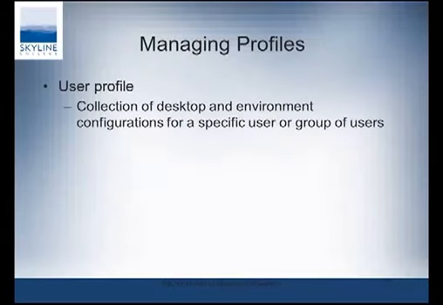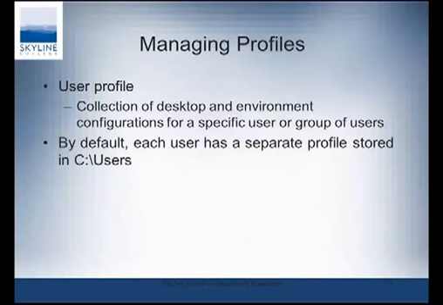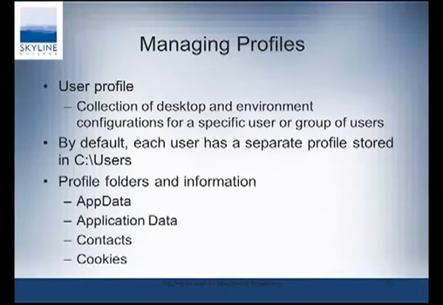Profiles, a collection of desktop and environment settings, but again, the profile is basically what the desktop looks like. Each user's got a different one. C:\Users used to be C:\Documents and Settings. They just changed the location where we put these things.